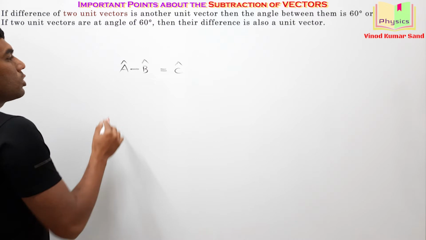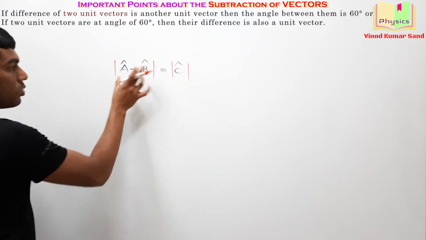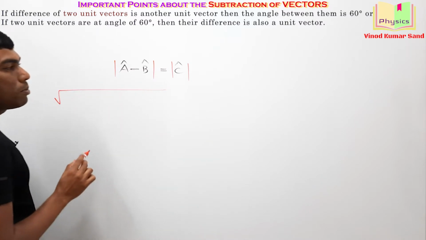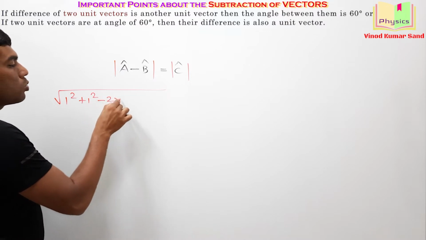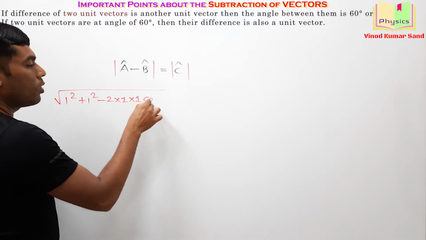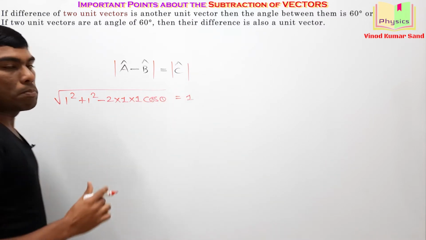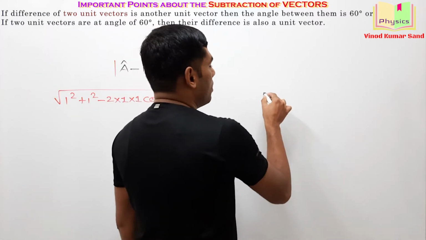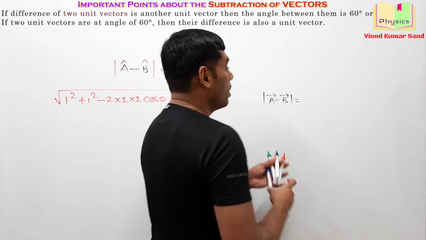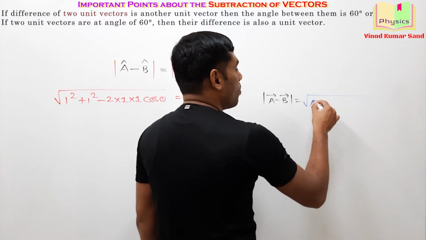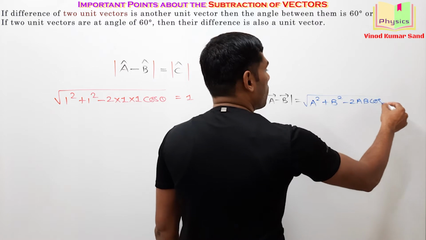Let's start the calculation. I am taking modulus both sides. For this we know the formula. It will be root of 1 square plus 1 square minus 2 into 1 into 1 cos theta. You understand why we are doing this? Because we know that mod of a vector minus b vector was equal to root of a square plus b square minus 2ab cos theta.